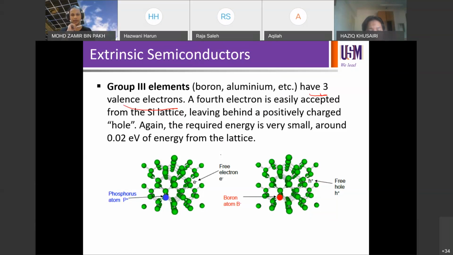The 4th electron is easily accepted from the lattice, leaving behind a positively charged hole. So that's how you get a hole in the lattice. Again, the required energy is very small, just 0.02 eV. So that's why most of the time we get most of the dopants ionized in the lattice to contribute to p and n-type conduction.